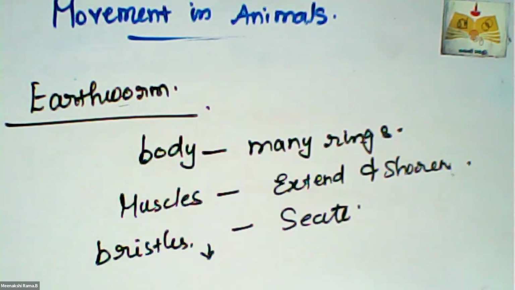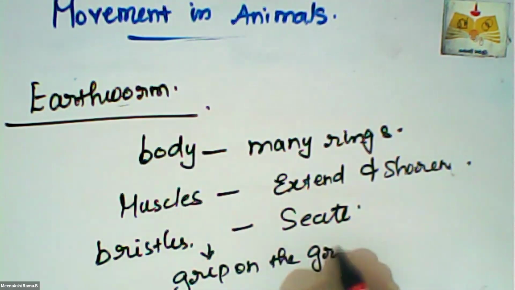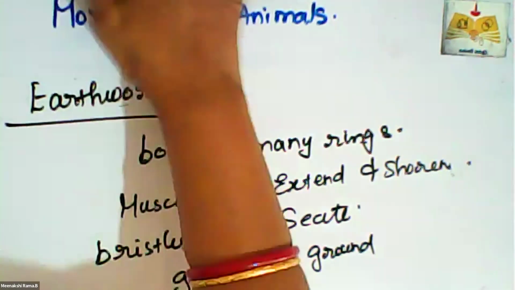So in this way, during movement, the earthworm must first extend the front part of the body, keeping the rear portion fixed to the ground. Then it fixes the front and releases the rear end.